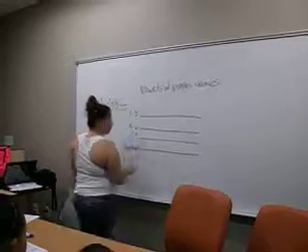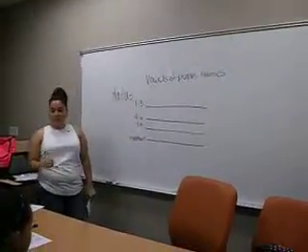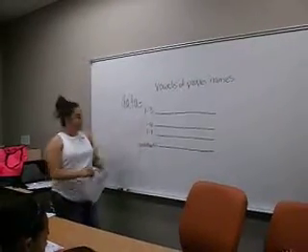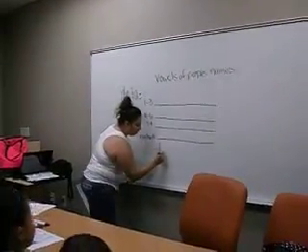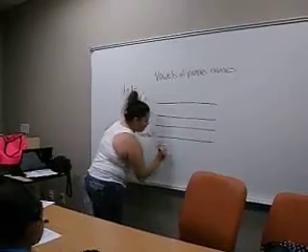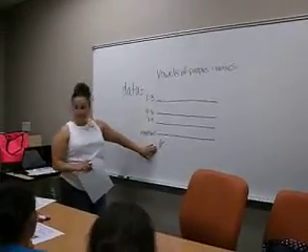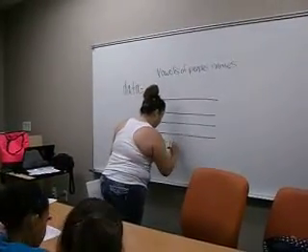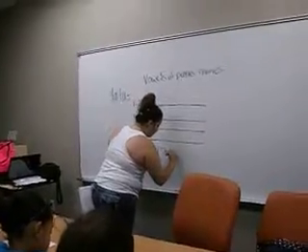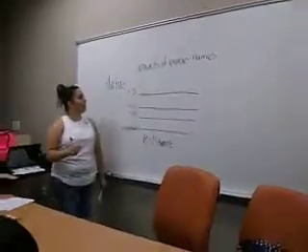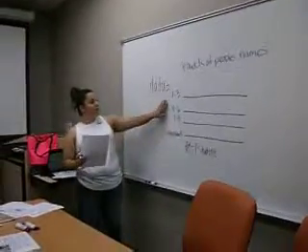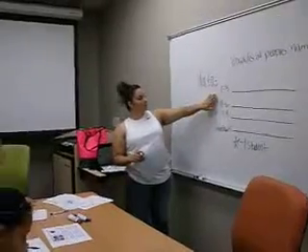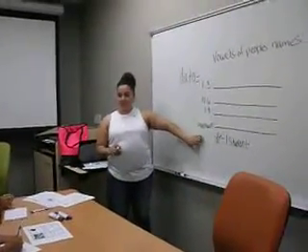Now for our graph we're going to use stars. That is our picture that's going to represent the data on our pictograph. And each star is going to represent one student. As I call your name, I want you to come and put your star that represents yourself wherever it should be on the pictograph.